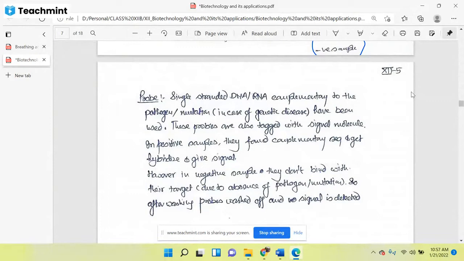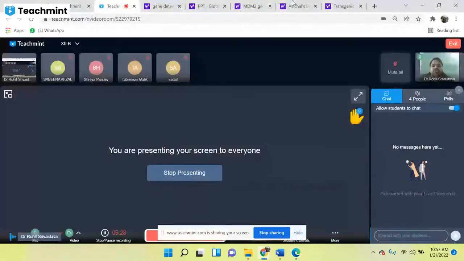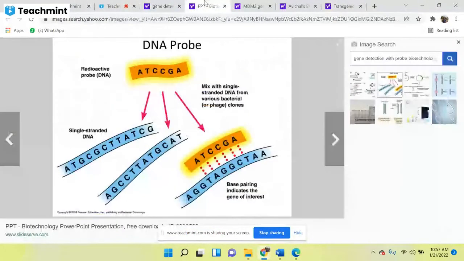So what we will do, we will allow it to bind based on the complementary region. I'll show you the figure, then you can understand its role in detection of diseases. Suppose I want to check this sequence, whether this sequence is there in DNA or not. Okay, so this sequence. Okay, so what we will do?